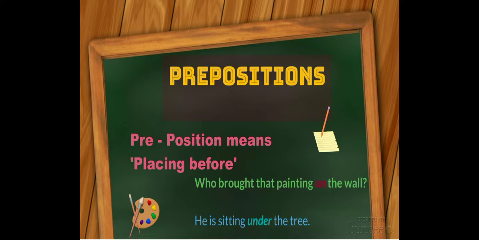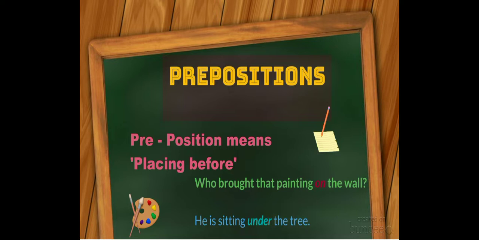Pre means before and position means placing. That means preposition means placing before. Placing before what? Placing before a noun or a pronoun. So we get that a preposition is placed before a noun or a pronoun.